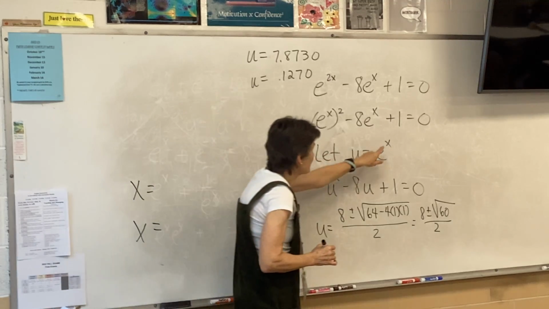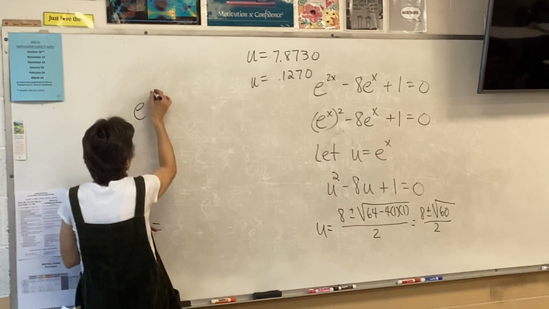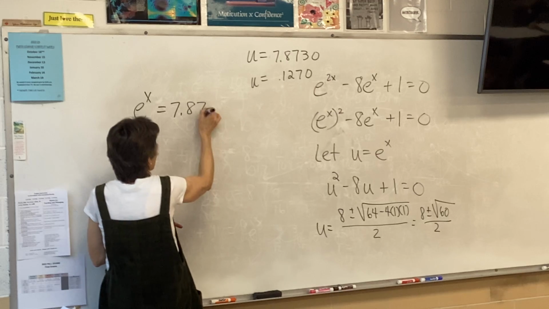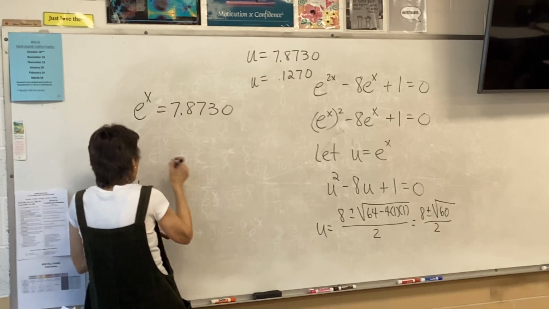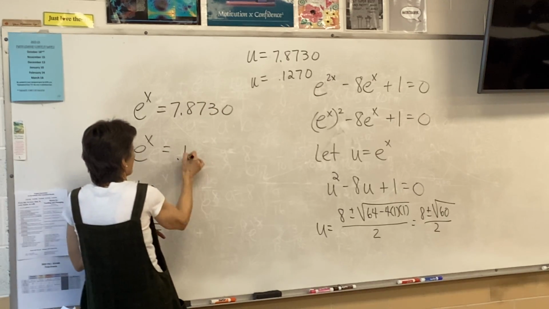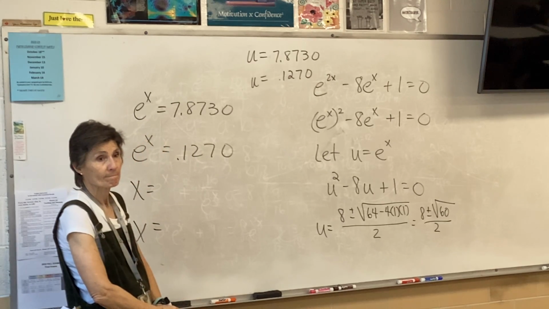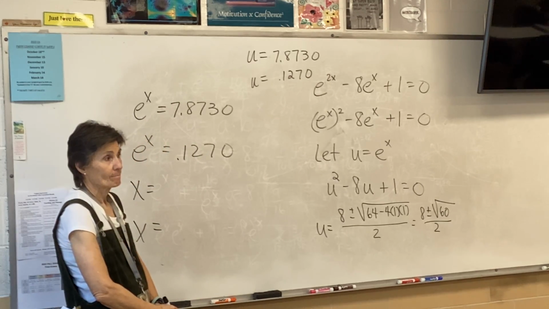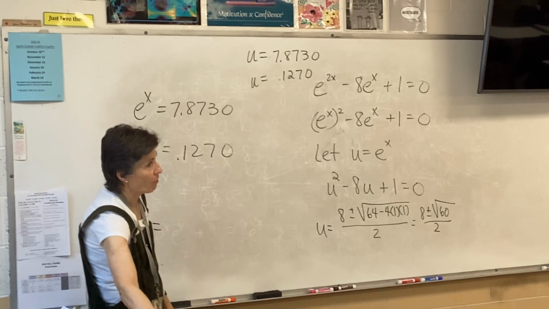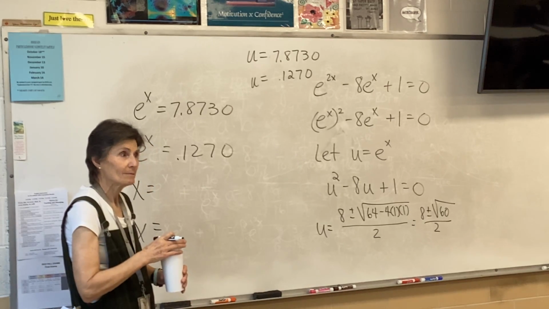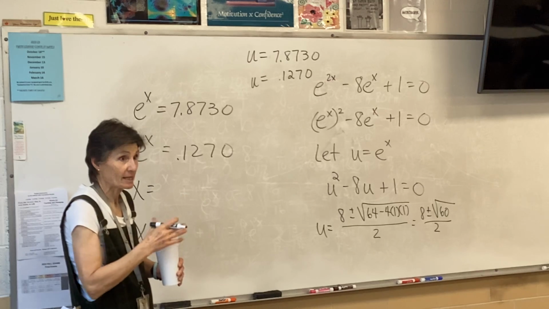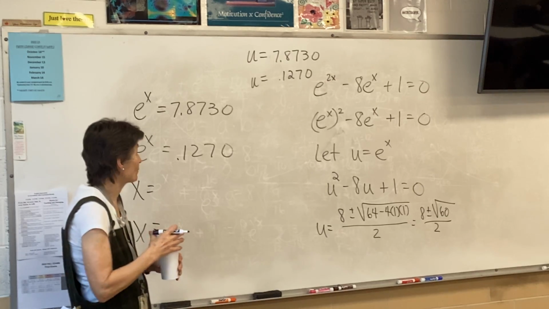So e to the x is 7.8730, or e to the x is 0.1270. How do you solve? Log. Actually, I think I'll take the logarithm of both sides, the natural logarithm.